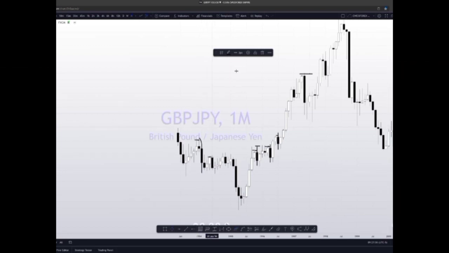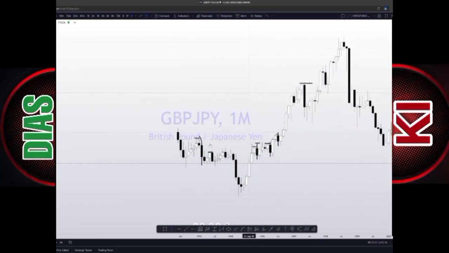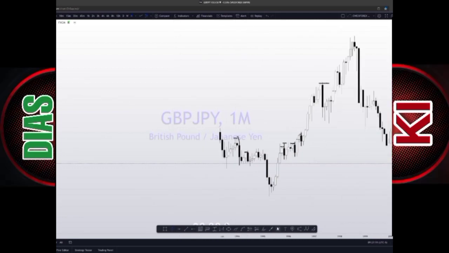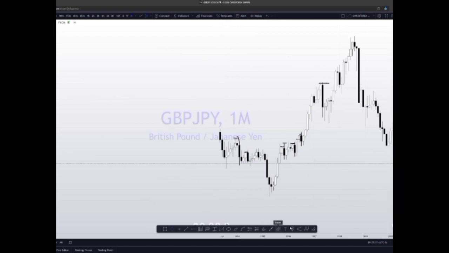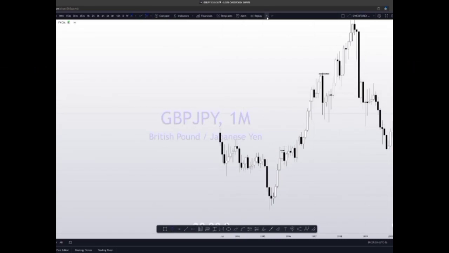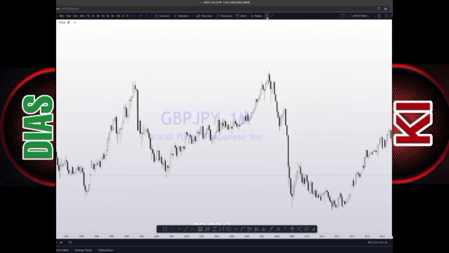So this is how to identify the previous monthly high. It doesn't mean you should look for the whole formation of a candle or a pattern before you are able to identify the high and low of a candle. You can just use one candle to identify this.